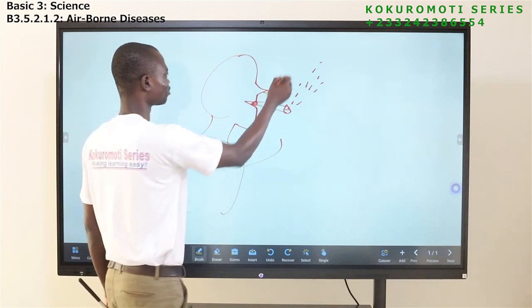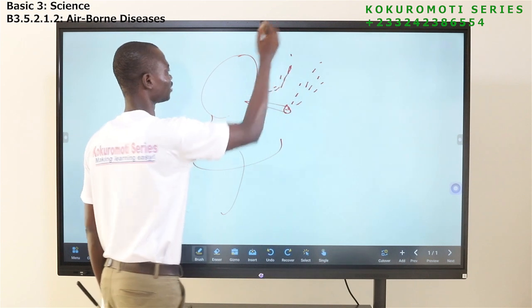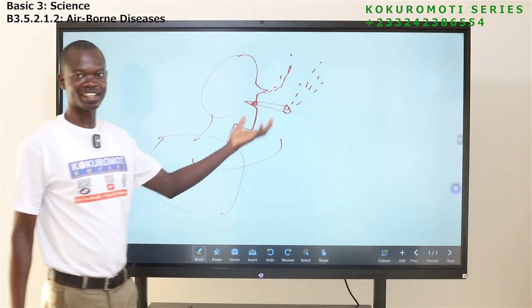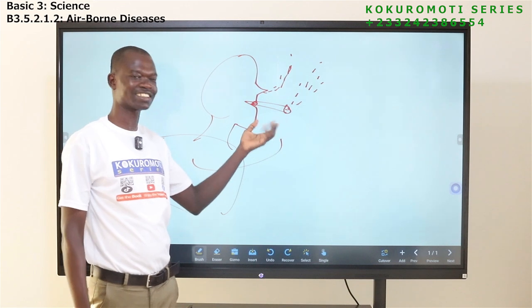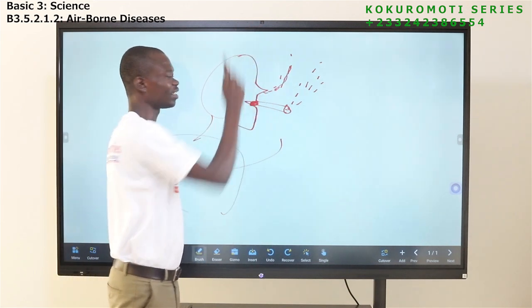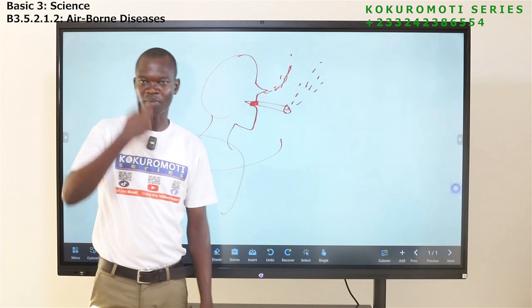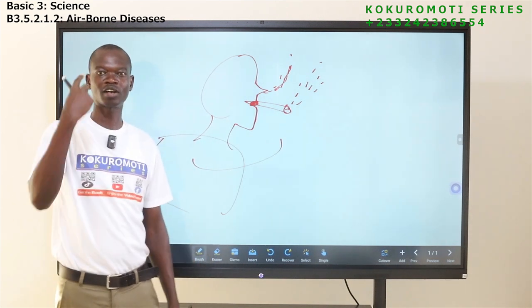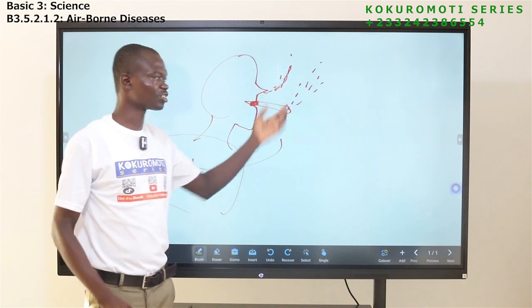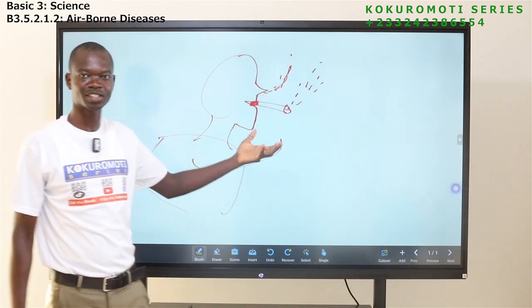And then smoke will be moving out of the nostrils. So this is cigarettes, those who smoke cigarettes. When they smoke, the smoke will come out of the nose. So cigarettes and then smoking.